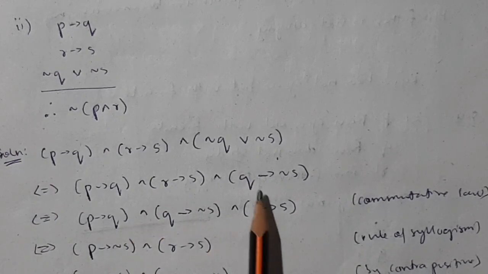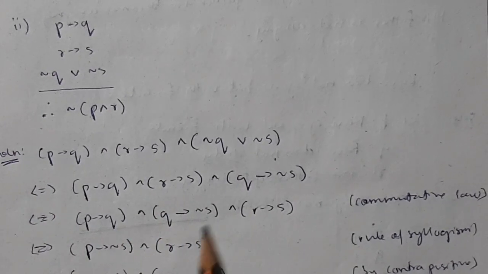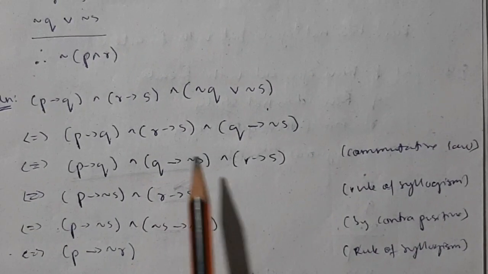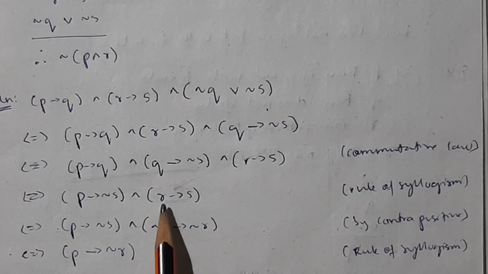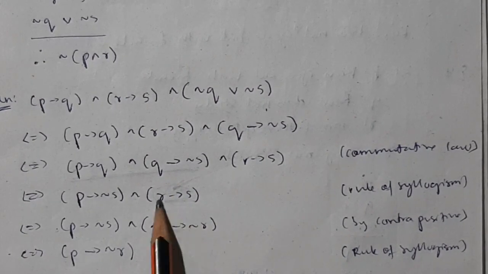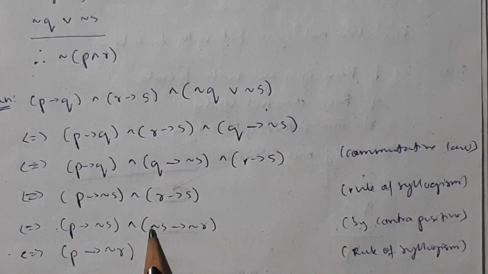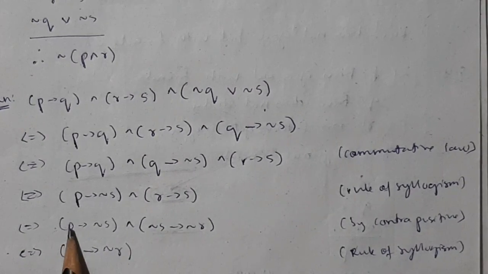So you have to observe what changes you can make and bring R conditional S here. After bringing this here, what do you have to do? I had told you, right, conditional and contrapositive are logically equivalent. So R conditional S can be written as not S conditional not R. Now see why we did this, because we will get the form of this.